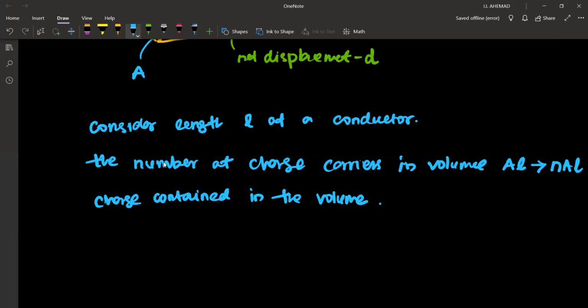What we have found is the number. It's just like Q is equal to NE. We have only found N, that is NAL. If we multiply that by E, then only we would be getting the charge. So how to get the charge? Multiply by E. So that is NALE.